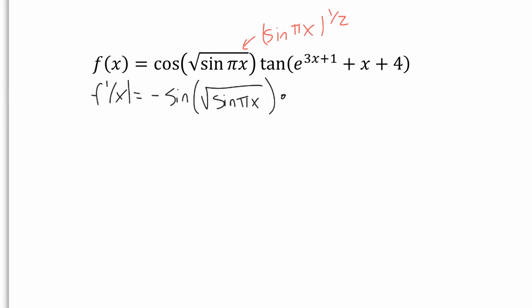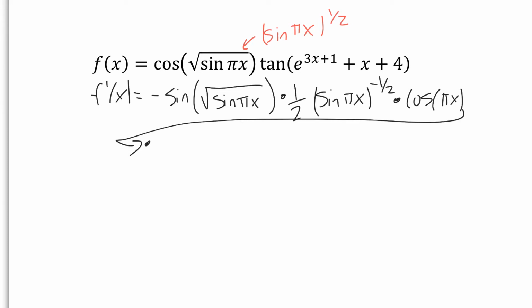So we can write that in terms of a derivative. We know the power rule will bring down that 1/2, and we'll get times 1/2 sine pi x to the power of negative 1/2. Next up, we do the derivative of sine x, which we know is going to be cos x. So we get cos pi x. And we have to write down the derivative of pi x, which is just pi. So we have to multiply by pi. And that is all the derivative of the first term.